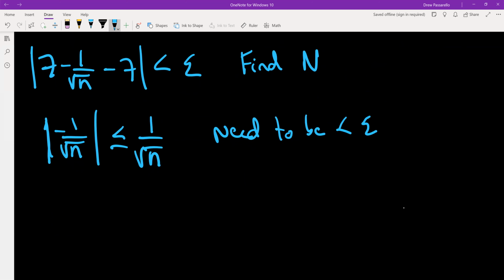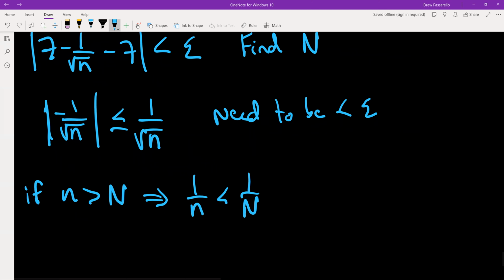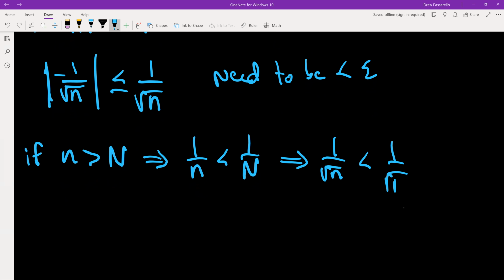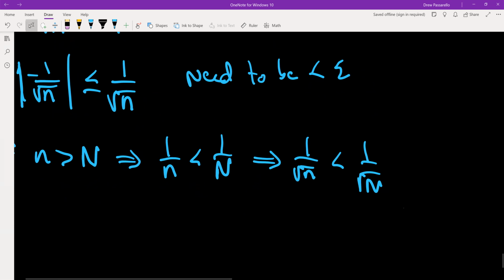Note that if n is bigger than capital N, then we have 1 over little n is less than 1 over capital N. Then square rooting both sides, this implies that 1 over the square root of little n is less than 1 over the square root of capital N. And so we need this to be less than epsilon.